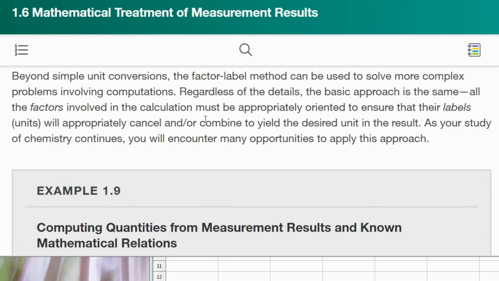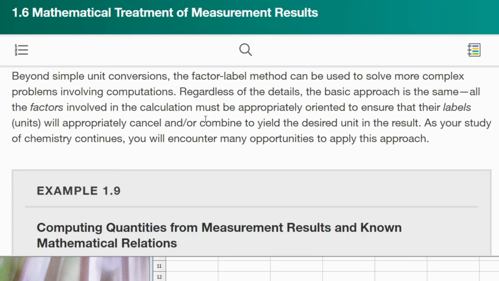So let's move forward. Beyond simple unit conversions, the factor label method can be used to solve more complex problems involving computations. Regardless of the details, the basic approach is the same. All the factors involved in the calculation must be appropriately oriented to ensure that their labels, units, will appropriately cancel and/or combine to yield the desired unit in the result.